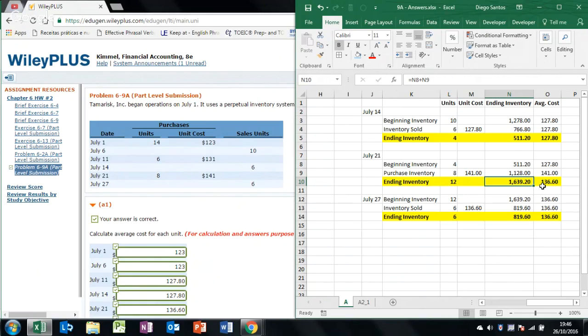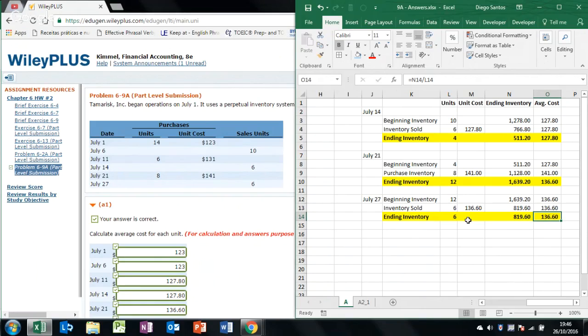If we divide the total amount of inventory by the total units we have on hand, the average cost will be 136.60. For July 27, again we do not purchase anything on this date, so our average cost is the same as the previous date.